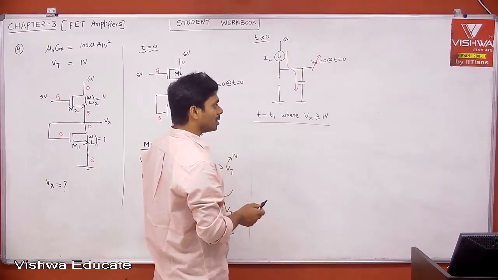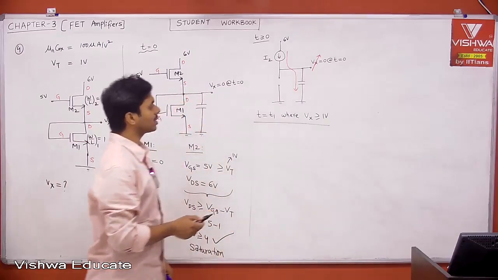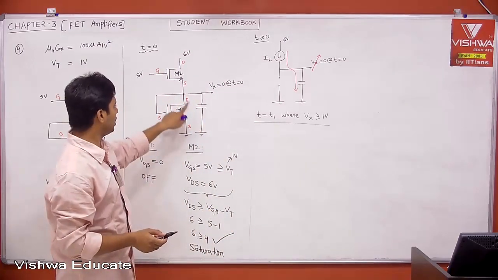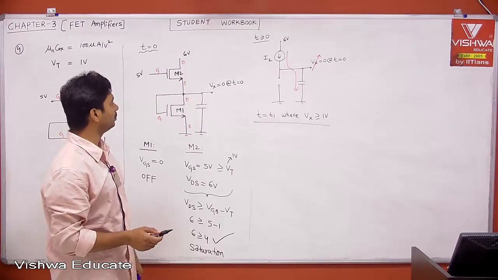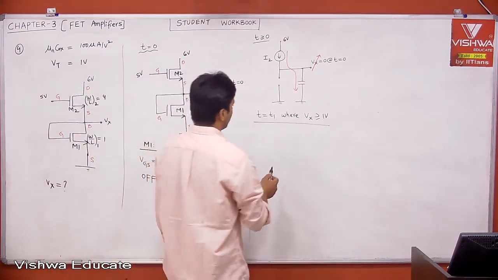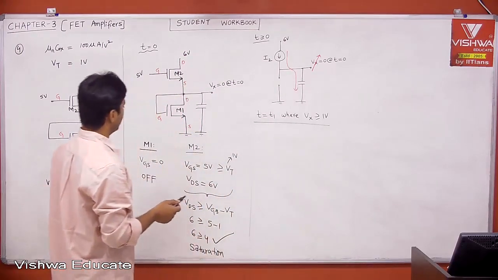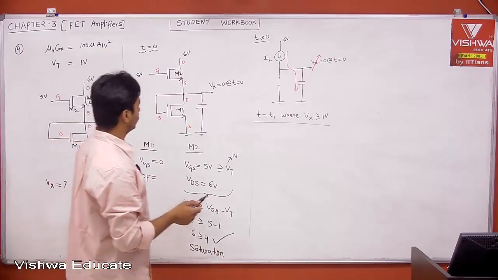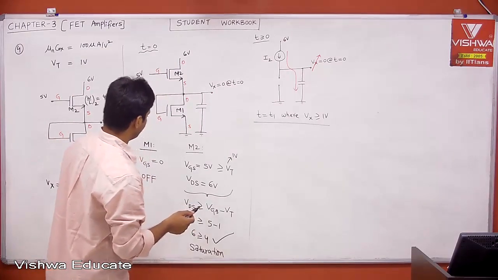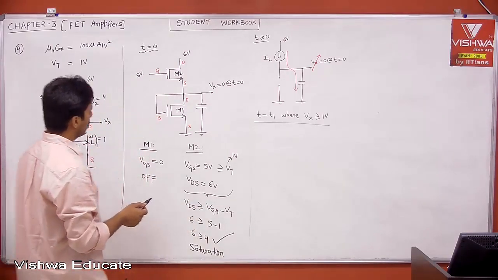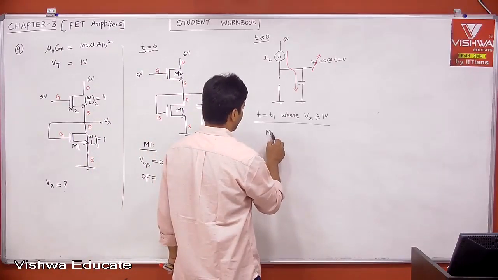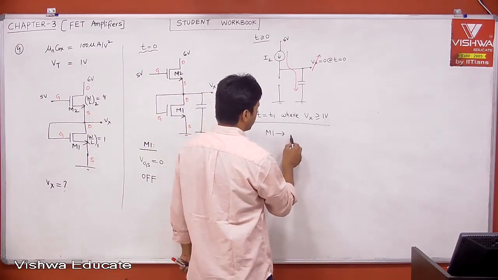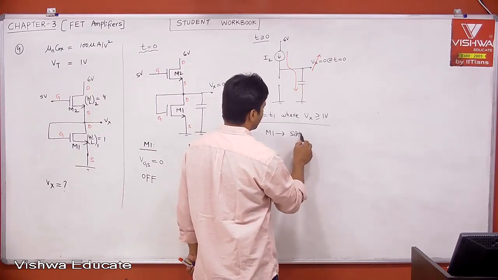Then when Vx is greater than or equal to 1 volt, your M1 will be on. Now M1 is turned on in saturation. Therefore your M1 will be in saturation.